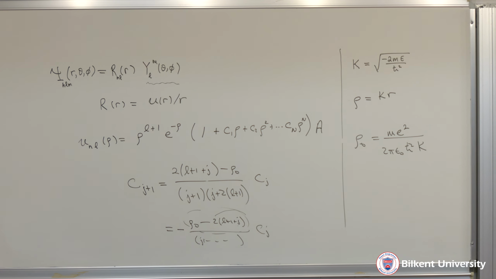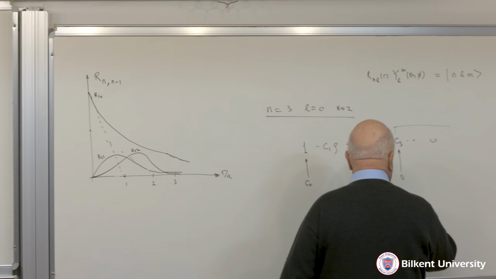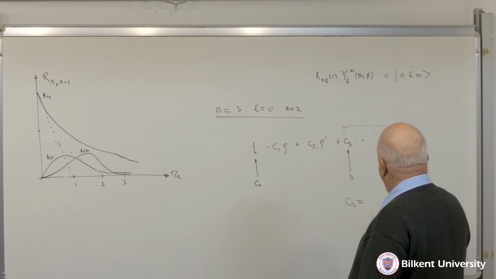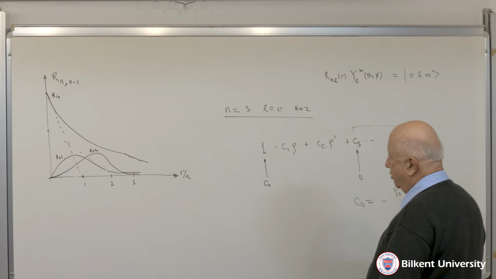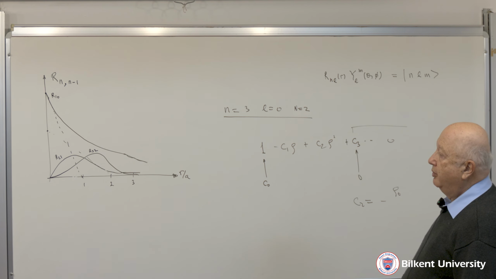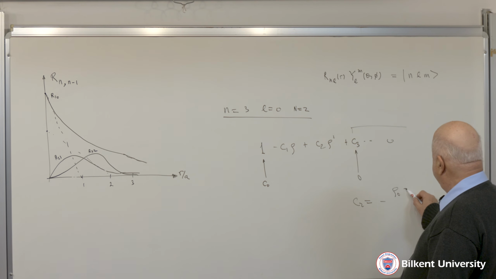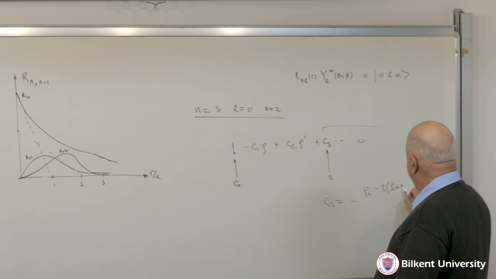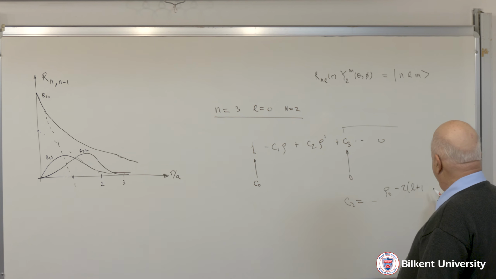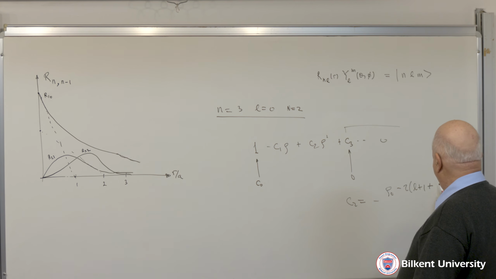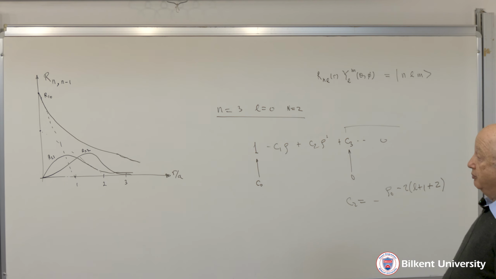that says that C2 is going to be equal to minus rho 0, minus 2L plus 1 plus J, and J is 2, right? So that's the maximum value.